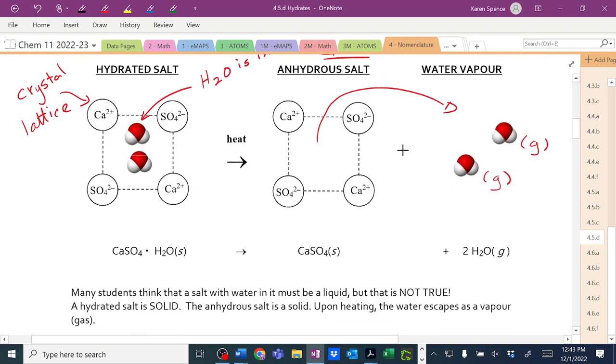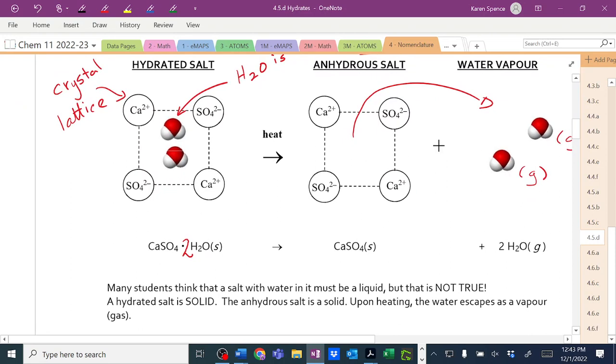And if we were to do this, the formula for the hydrate, and in fact, I've done it wrong here. We have CaSO4 dot 2 H2O. That's how we show that the water is loosely bound. That's a dot, not a decimal.